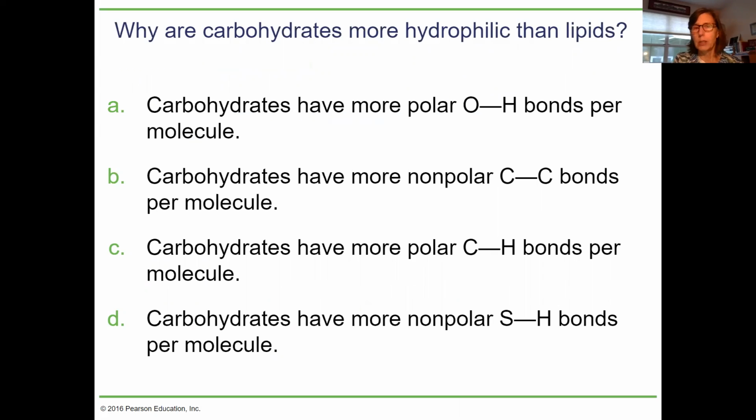Whereas carbohydrates, many of you remember seeing the hydroxyl groups on the carbohydrates, and you were calling the hydroxyl group a sugar or an alcohol. Well, these OHs are common to carbohydrates, and these OHs are very soluble. This oxygen can form lots of hydrogen bonds with water, so it's certainly more soluble.